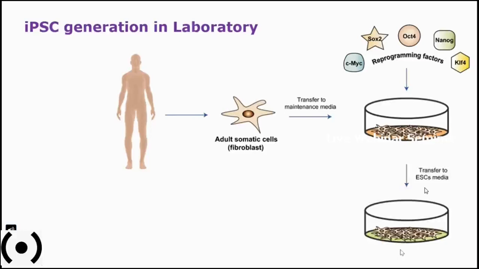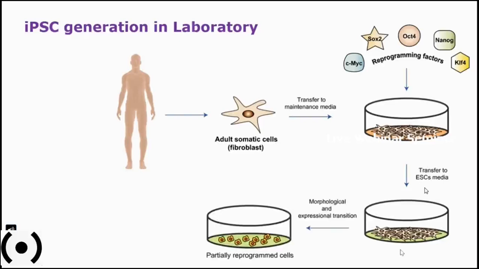You have to grow those cells and maintain them in embryonic stem cell media, and after 3-4 weeks, small colonies start growing in the petri dish. These are partially reprogrammed cells, and eventually they will mature into induced pluripotent stem cells. The whole experiment will take around 1 month or so.